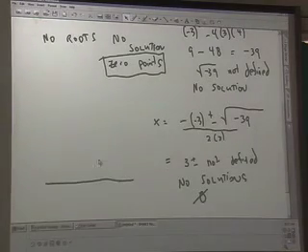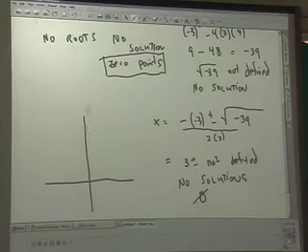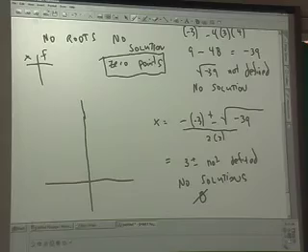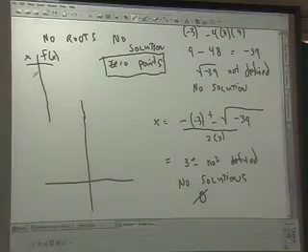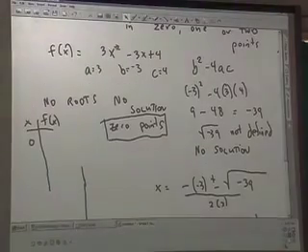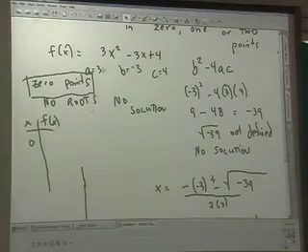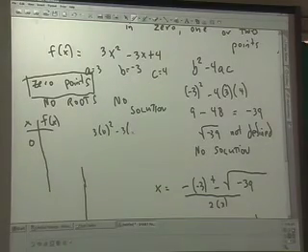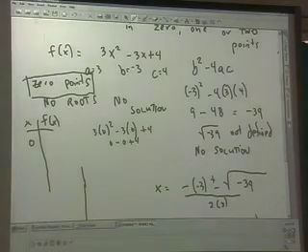Let's look at a graph to see what kind of function we get and what they mean. What will this look like when they say it doesn't intersect in any points? Well, when we graph something like this, we use x and we get out y. In this case, we call y f of x, in other words, the value of the function at x. If we put in 0 for x, we get 3 times 0 squared minus 3 times 0 plus 4, which is 0 minus 0 plus 4, which equals 4.